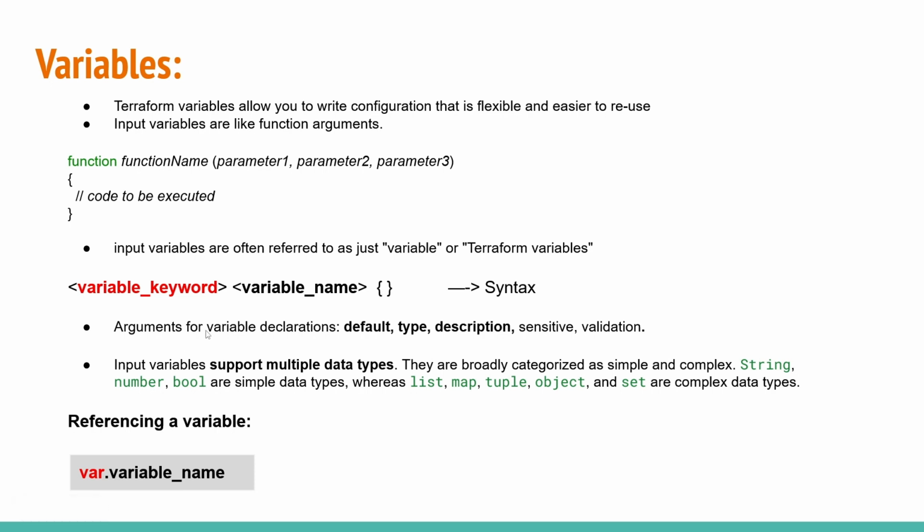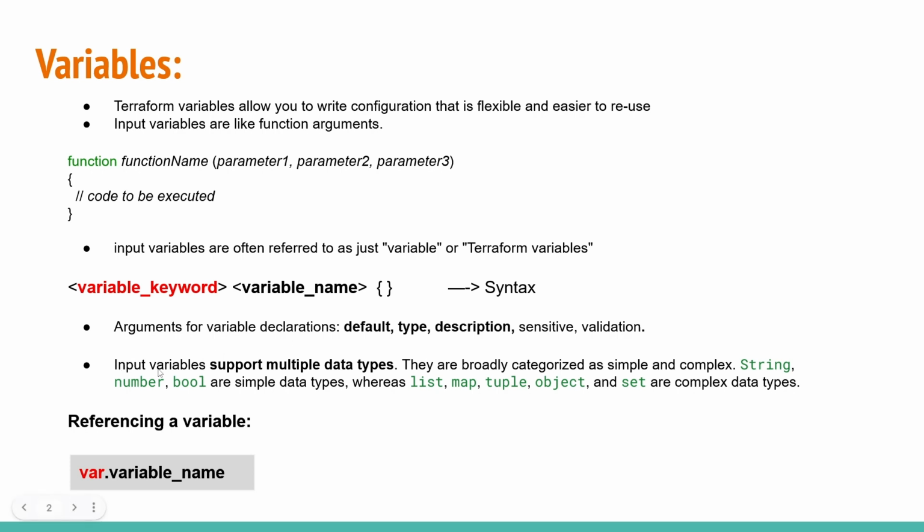There are a couple of arguments you can define, but mostly we are going to use three: default, type, and description. There are two more, sensitive and validation. These are the arguments which we refer to in the variable. I will show you while we create one.